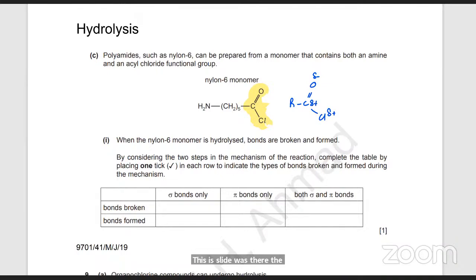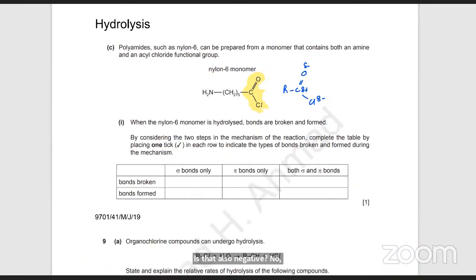The Cl below is also negative. Now the first thing that happens is that the water molecule is going to get attracted to the carbon that's positive, and the double bond electrons are going to get repelled.